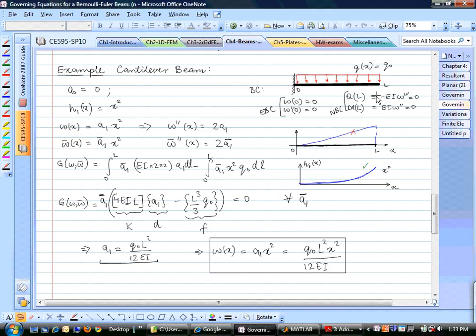And on the right hand, there is no point shear load applied, and no external moment applied. So both of those quantities are zero. So given these two boundary conditions, these are the essential boundary conditions. That is what we need to satisfy in our Ritz approximation.